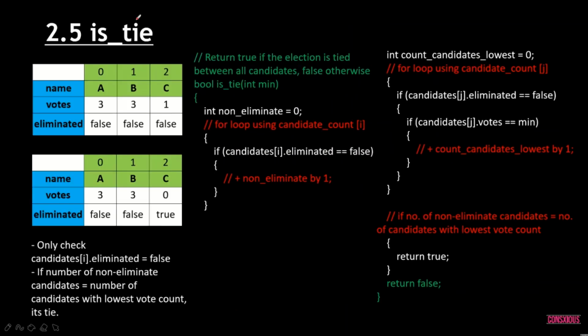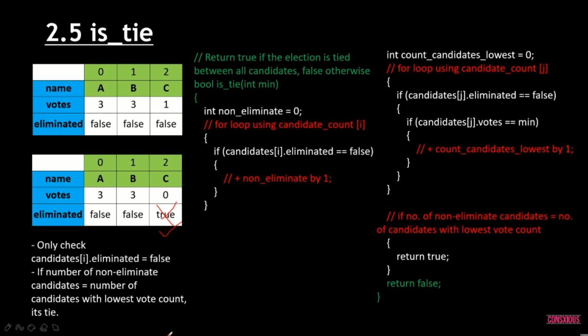So the is tie function. You can see here, this is just an example. This is not a tie because you can see they are not the same value. This one is actually a tie. What I want to show you is we must make sure this is false. This true is not included. It means we only check candidates whose eliminated is false.